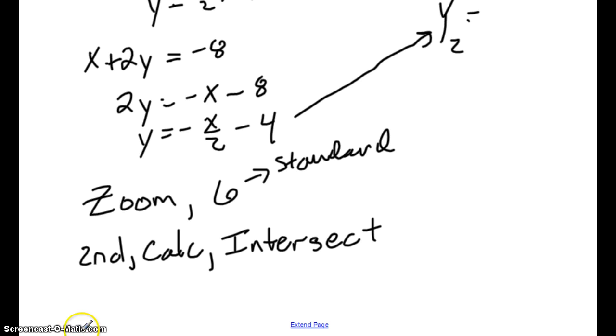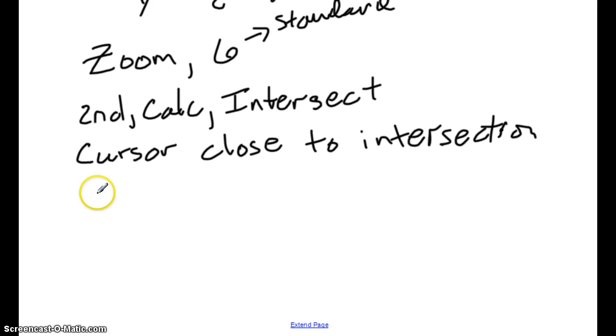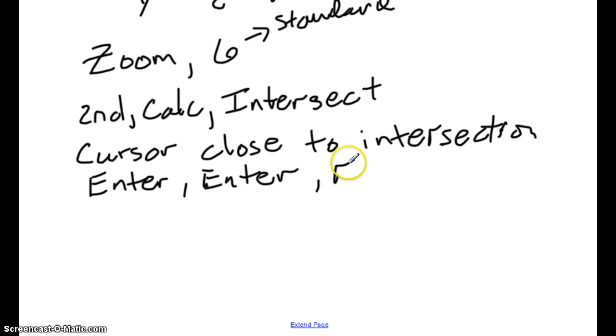And get your cursor close to the intersection point. Then press enter, enter, enter. And this will find your intersection point.